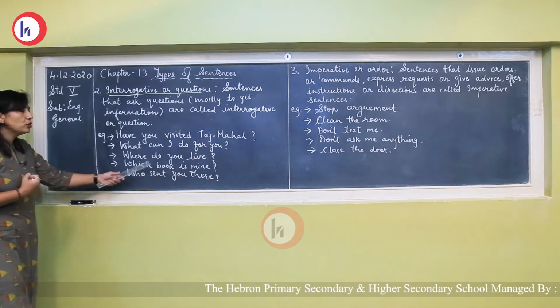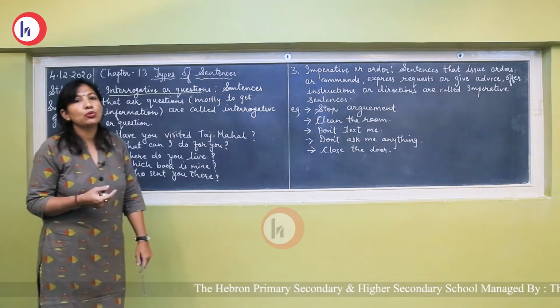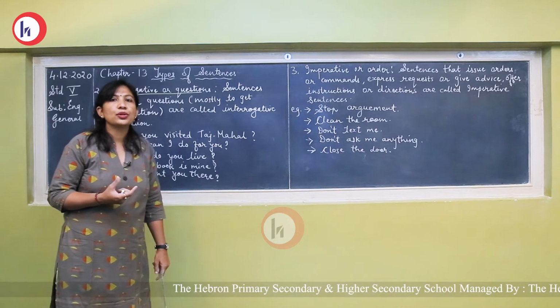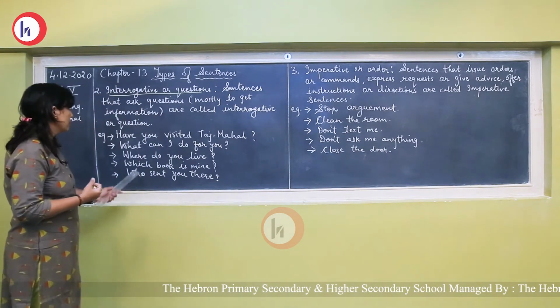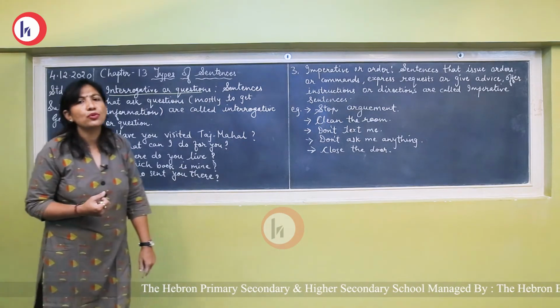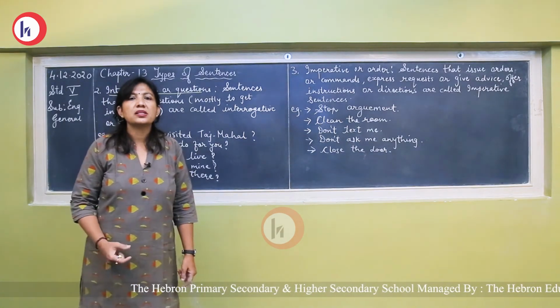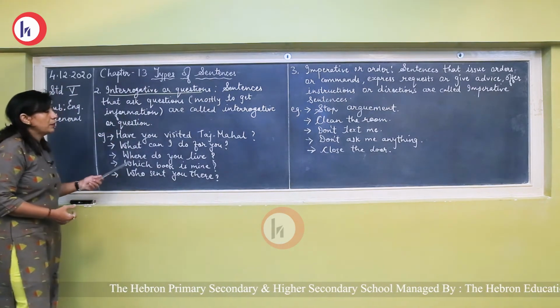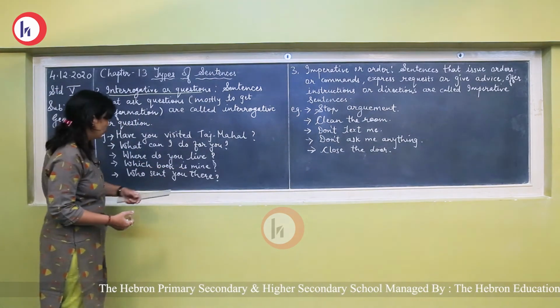Next is, where do you live? I'm asking you, where do you live? In which locality do you live? Which book is mine? There are many books and I'm asking which book is mine? And it also starts with a capital letter and ends with the question mark.